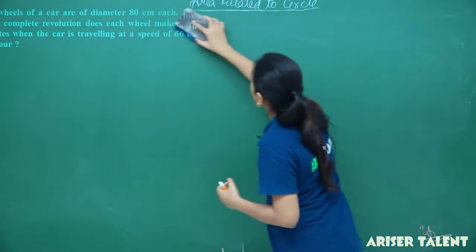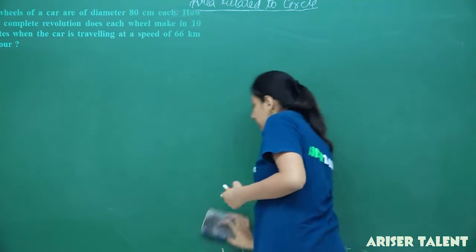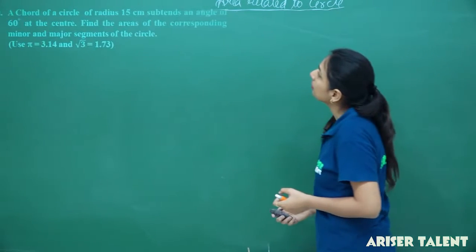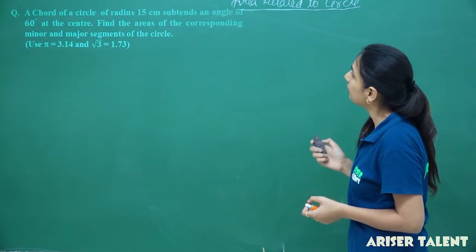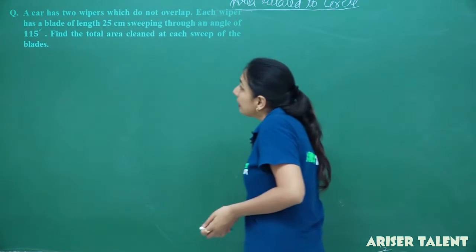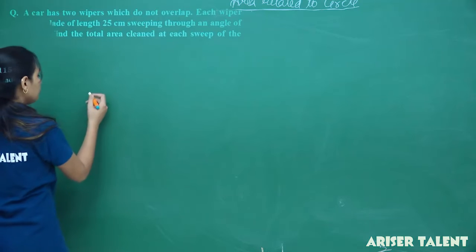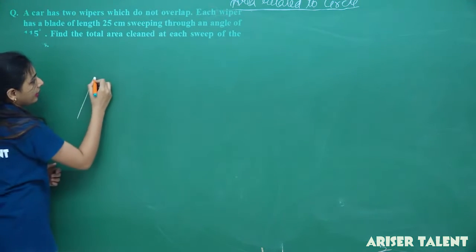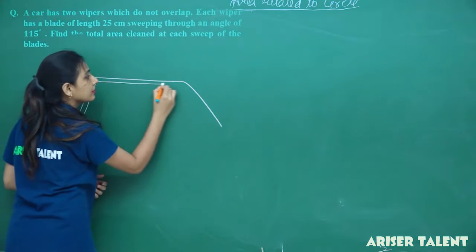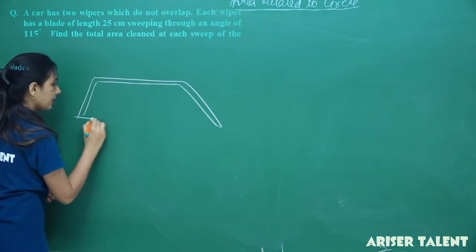What I'm having in my next question? Let's see. We have done this question, and this question. Okay. Here you are having a car. So this is the front of your car. See, this is your glass, right?